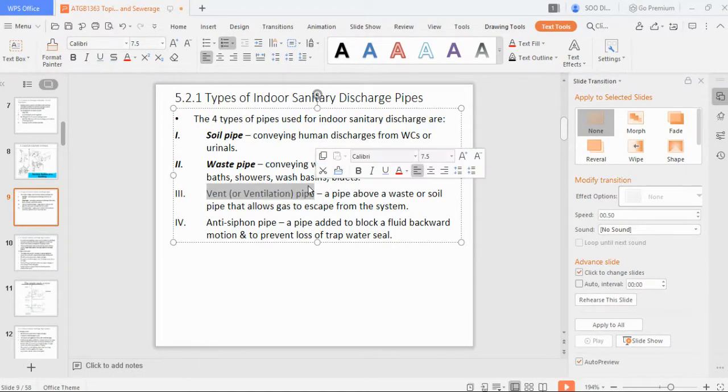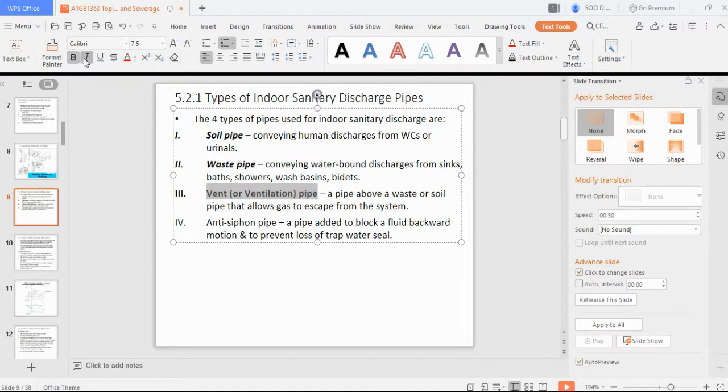And then next, we have our ventilation pipe or vent pipe. This is to allow any gas to escape from the system. When we are discharging our waste, usually this pipe not only comes with water but also with gas.